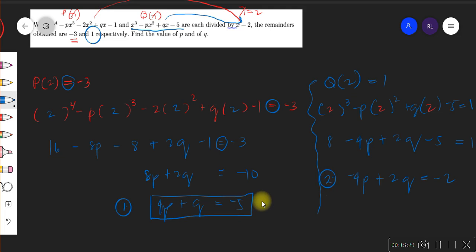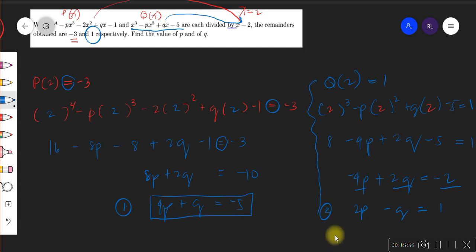We can further simplify our equation. This becomes 2p minus q, dividing all terms by negative 2, equals 1. This is our equation 2.